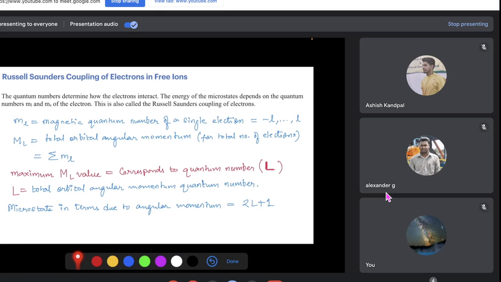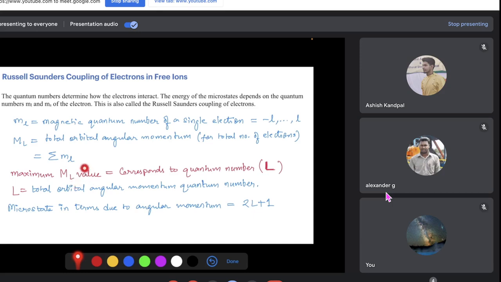The quantum numbers determine how the electrons interact; the energy of the microstate depends on the quantum numbers ml and ms of the electron. The ml magnetic quantum number of a single electron goes from minus L to plus L. Capital ML is the total orbital angular momentum for the total number of electrons, and it is the summation of ml.